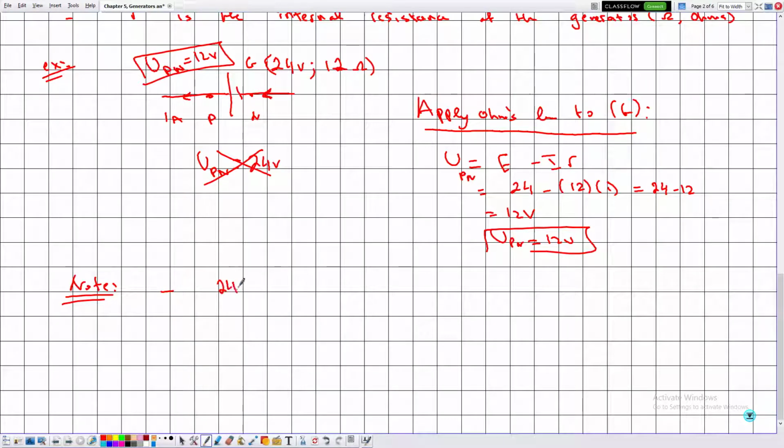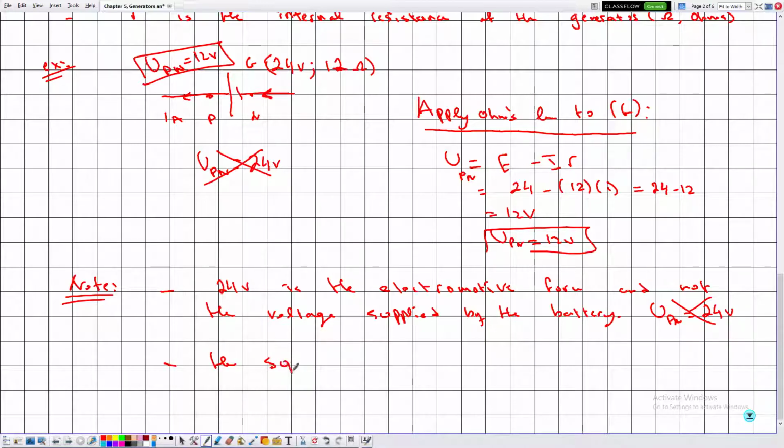So 24 volts is the electromotive force and not the voltage supplied by the battery. So in this case, UPN equal to 24 volts is completely wrong.